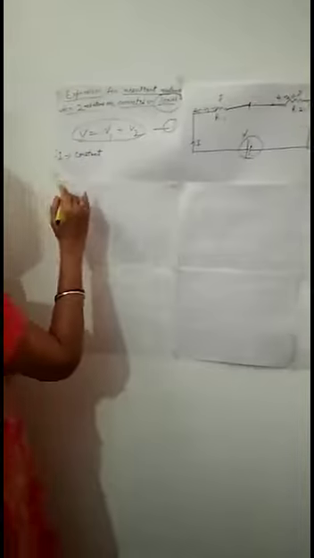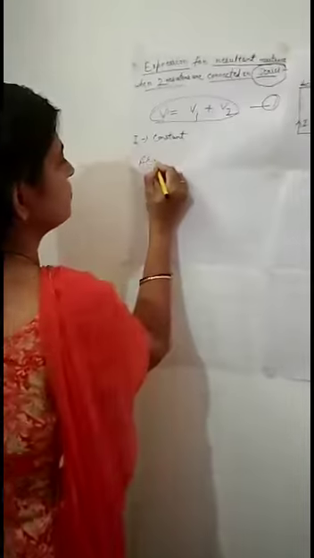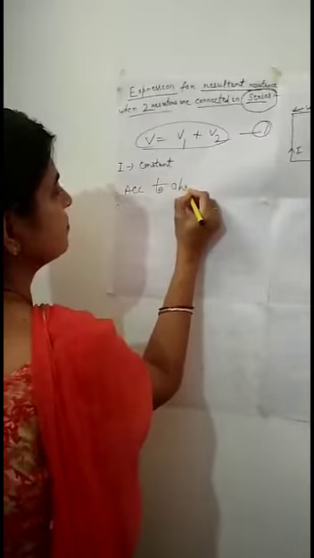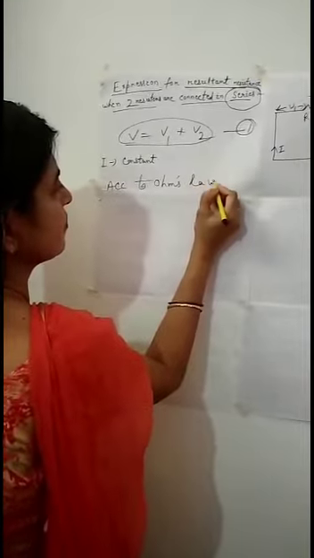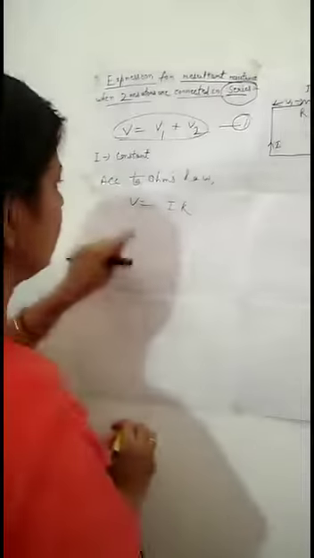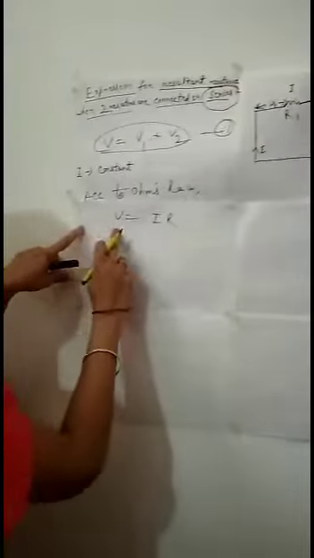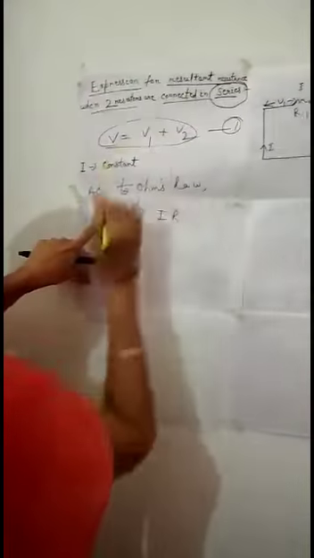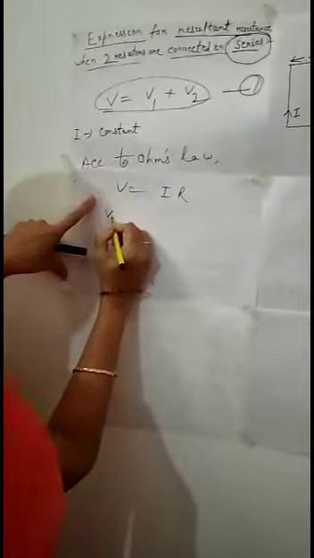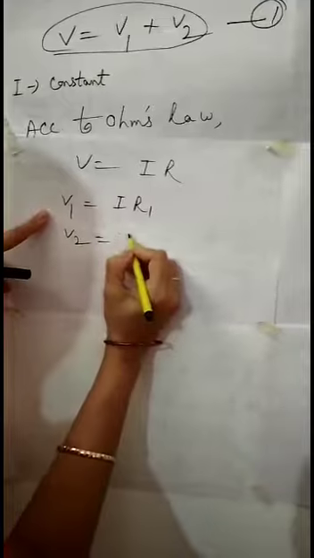Now come to Ohm's law. Already we have discussed. According to Ohm's law, V is equal to IR. Now apply Ohm's law for resistance R1 and for resistance R2. That means V1 is equal to IR1 and V2 is equal to IR2.